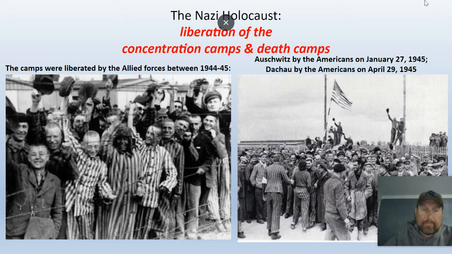What's amazing to me when considering these scenes is, and we go back to when we did that document analysis exercise, intellectually understanding what was happening is incredibly different from viscerally understanding what the Holocaust looked and felt like. And especially by the soldiers.